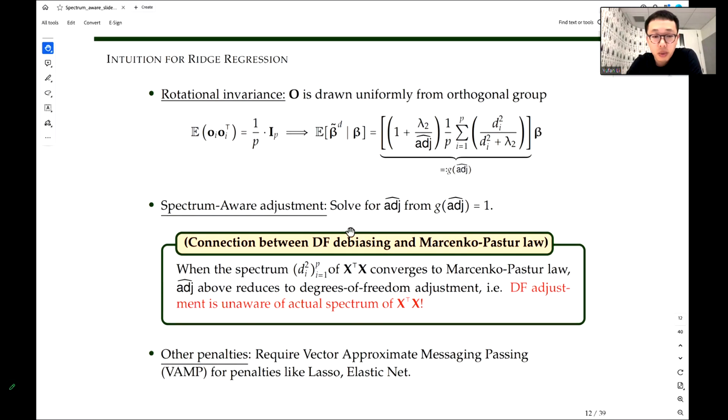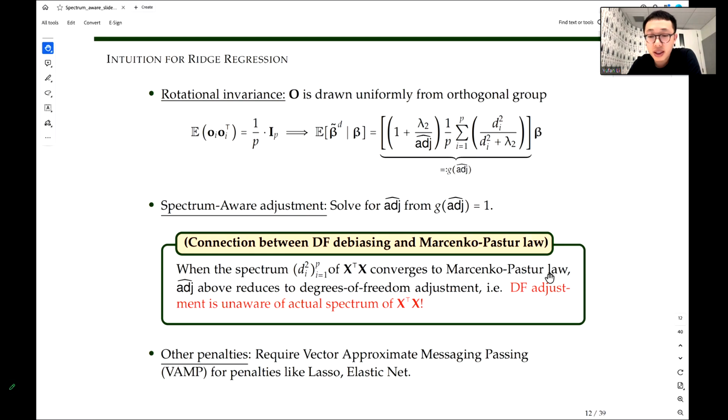And you may wonder what's the connection to the degrees of freedom debiasing. An observation you can make is that when the spectrum of the design converges to Marchenko-Pastur law, this adjustment coefficient is exactly the degrees of freedom adjustment.